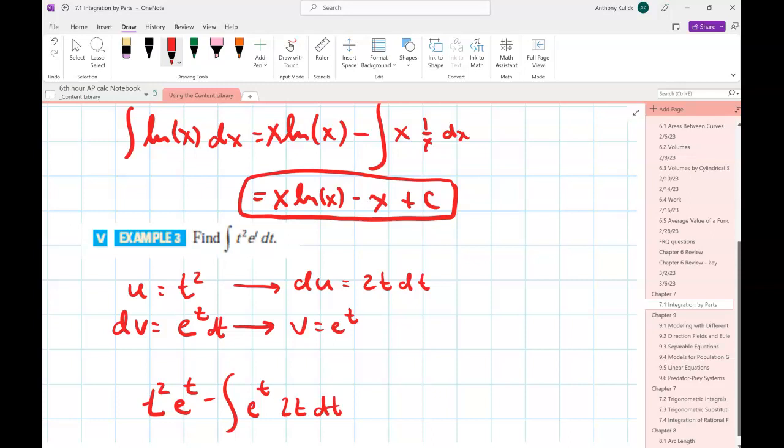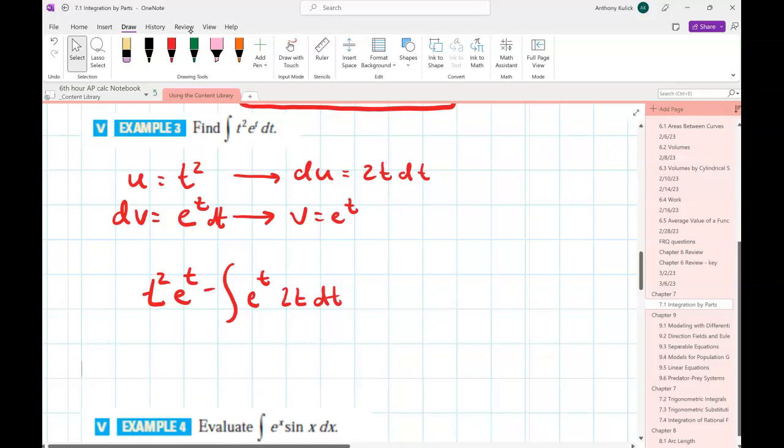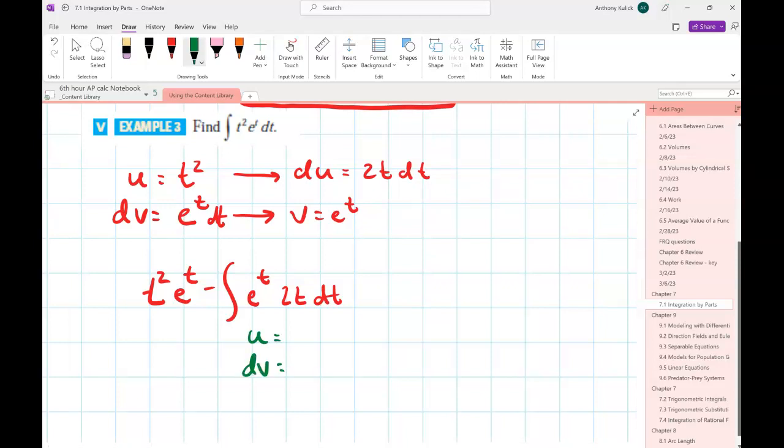U sub's not going to work. You do the thing again. You want to do integration by parts again? You could do it again. That will work. That's the right idea. Yeah, no, that's okay. So let's do this, though.